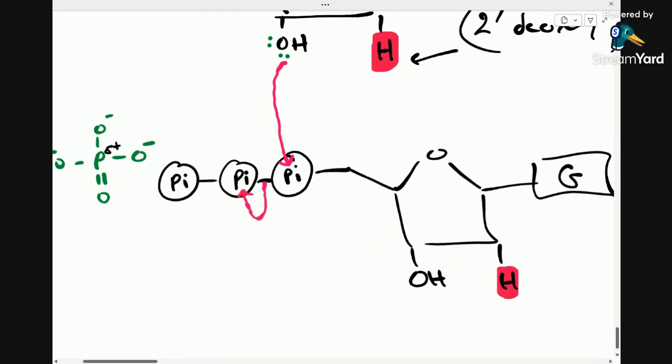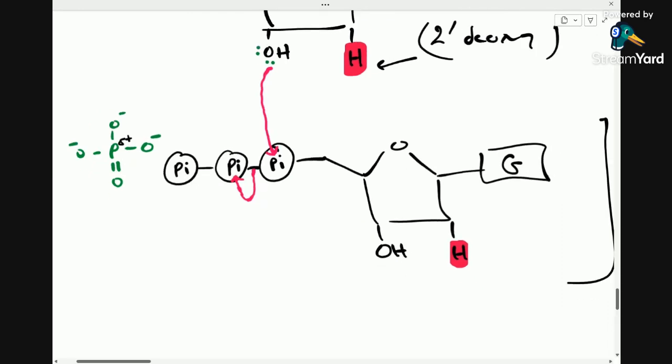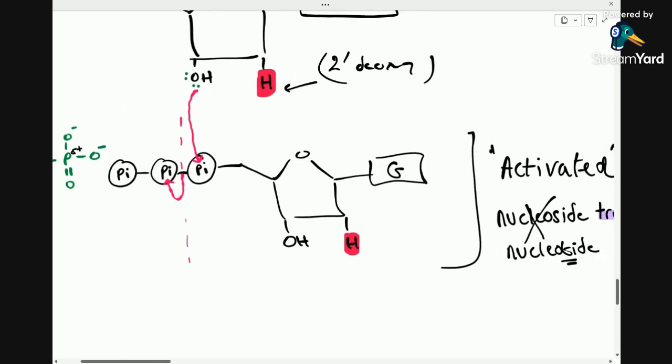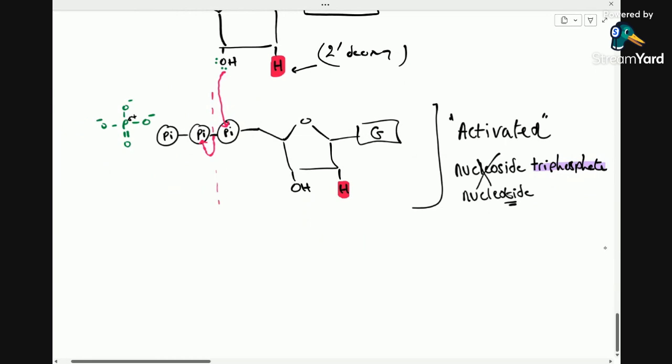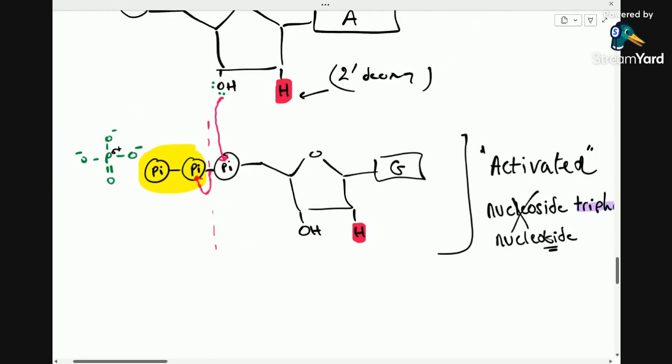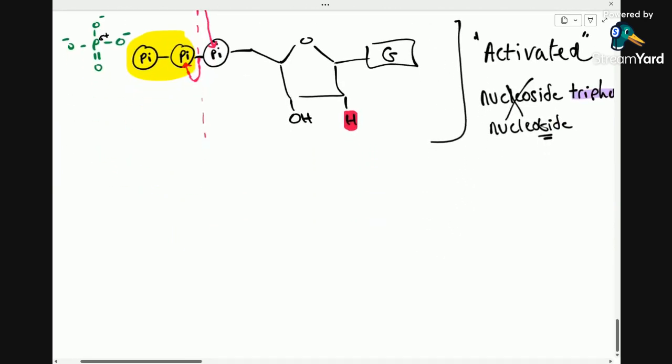So those electrons are given back to that phosphorus, and essentially we're cutting that bond there. What you end up with then is the leaving group, which is these two phosphates. And we've connected this oxygen now to the phosphate on the next nucleotide. So the product would look like this.